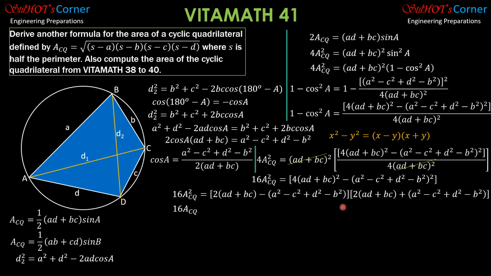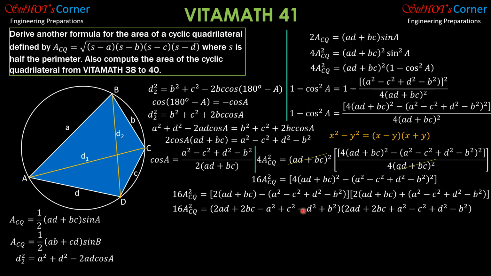Expanding, 16 area of cyclic quadrilateral squared equals 2AD plus 2BC minus A squared plus C squared minus D squared plus B squared, then times quantity 2AD plus 2BC plus A squared minus C squared plus D squared minus B squared. Rearranging and noting that we have perfect square trinomials here.